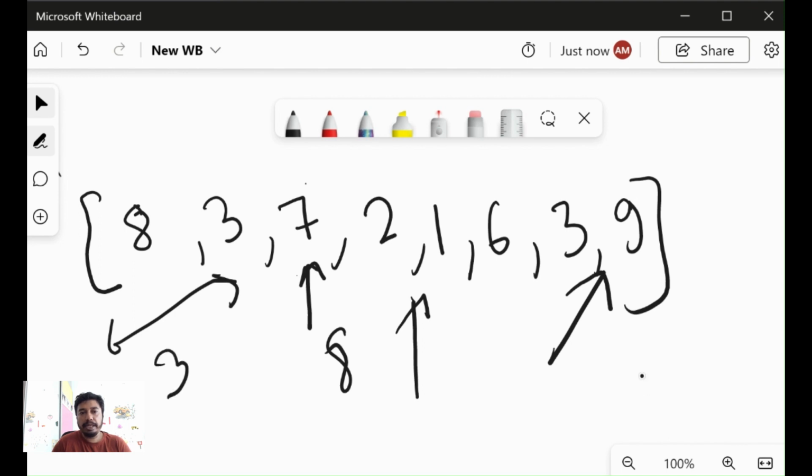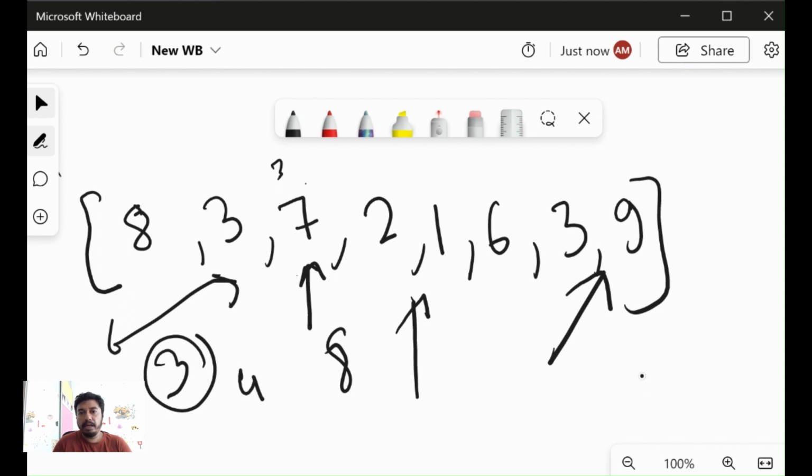So if I'm going to sell the stock on the third day at 7, then I should buy at 3 to make the maximum profit. So I make a profit of 4.